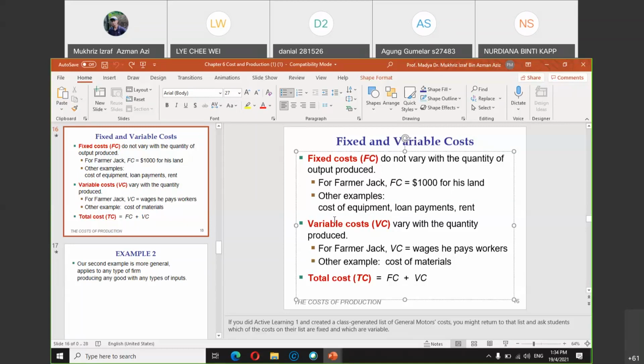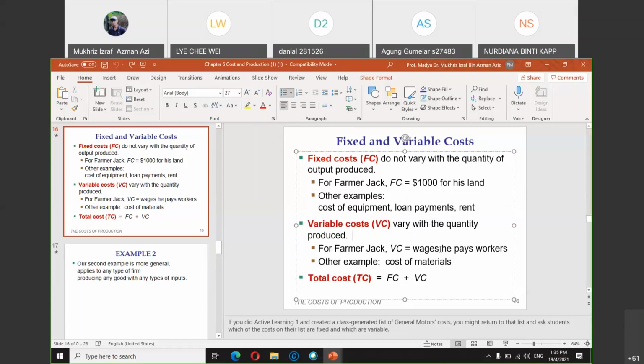But for variable cost, the term variable means the cost can vary. It changes with the quantity of output. The more you produce, the more variable cost you need to pay. Usually we refer to variable cost as employee wages.